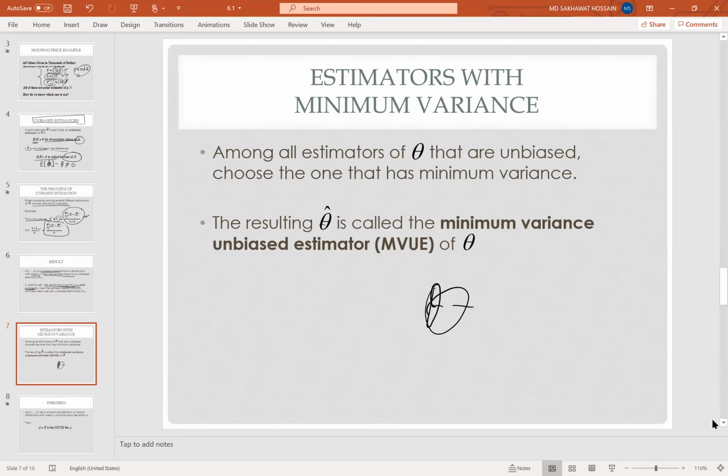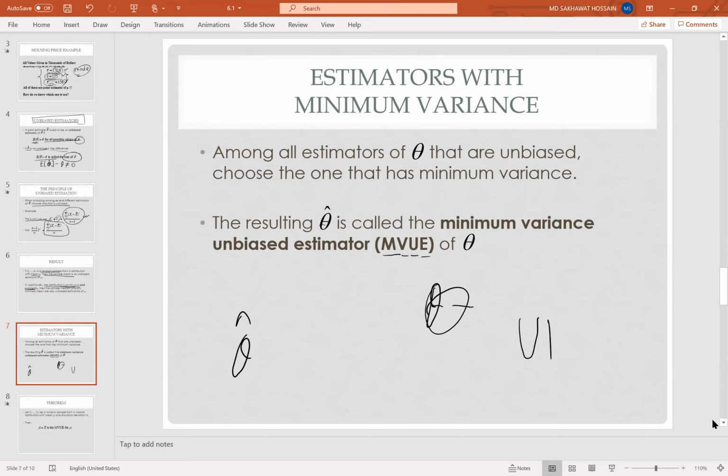So if theta hat is unbiased, and it has the minimum variance, then this estimator is called the minimum variance unbiased estimator. This is called MVUE. This is not always the best estimator.